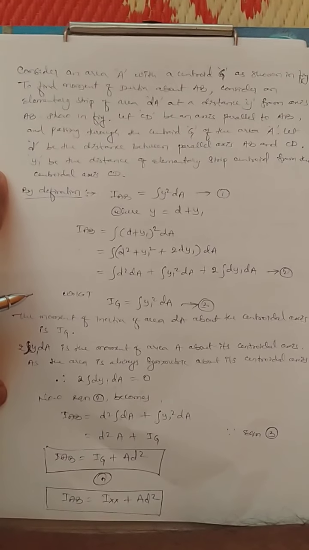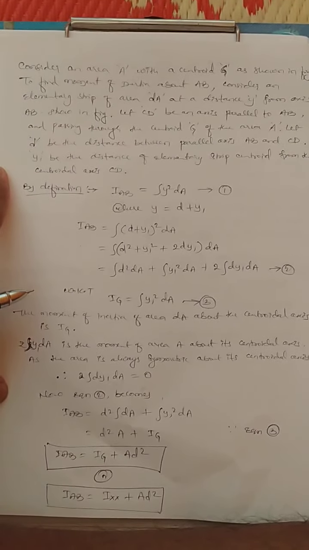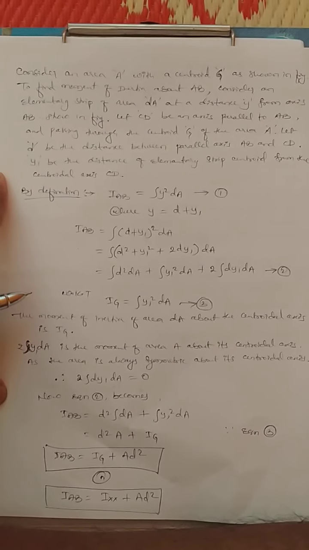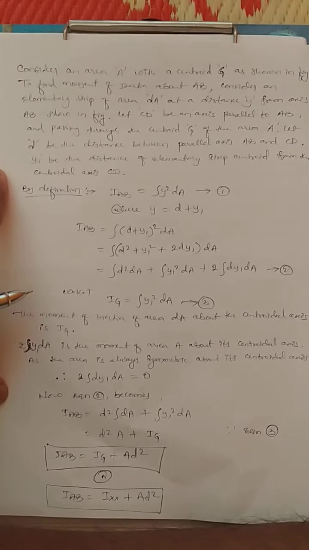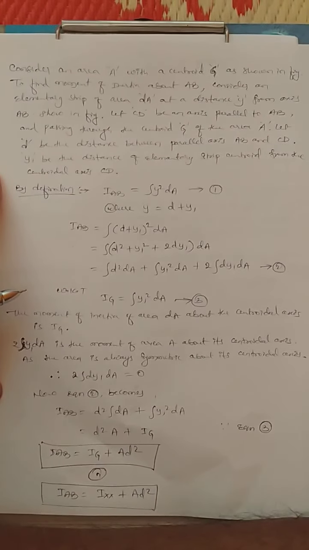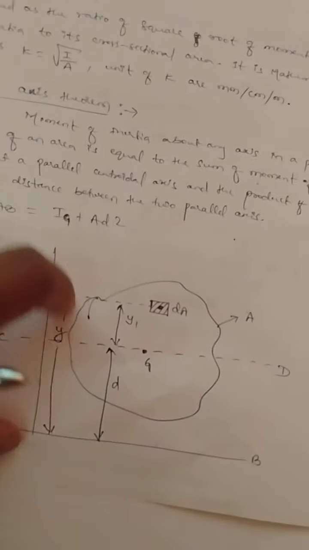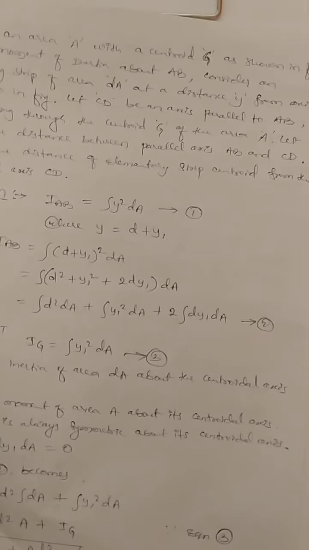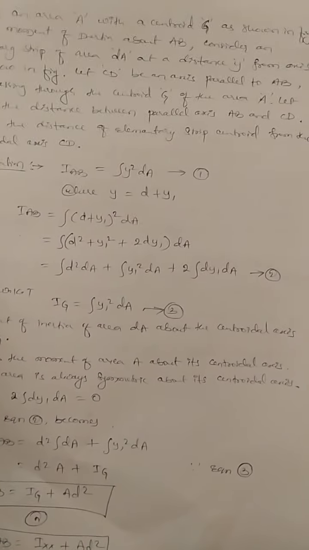Now, by definition, we have a formula: IAB, that is moment of inertia about AB, is given by integration of y square dA. Let us call it equation 1. Here y, from this figure, is nothing but d plus y1. So I have written y is equal to d plus y1.